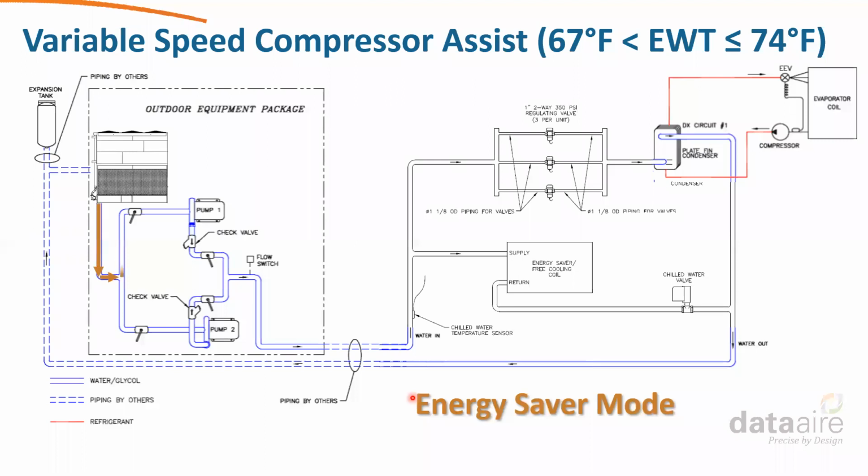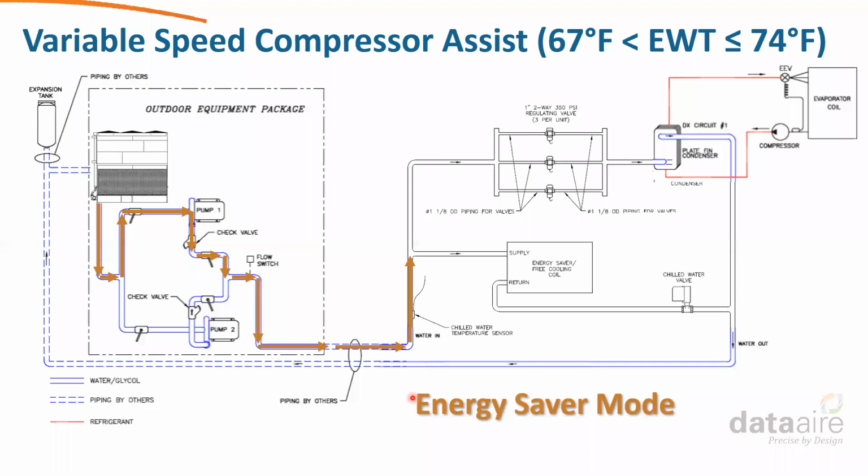So we start at the cooling tower, go to the pumps, come into the building, and go past the chill water temperature sensor that controls the chill water valve on the right. When the sensor sees water from the tower that is between 67 degrees and 74 degrees, then the system can get some economization, but it can't provide 100% load.